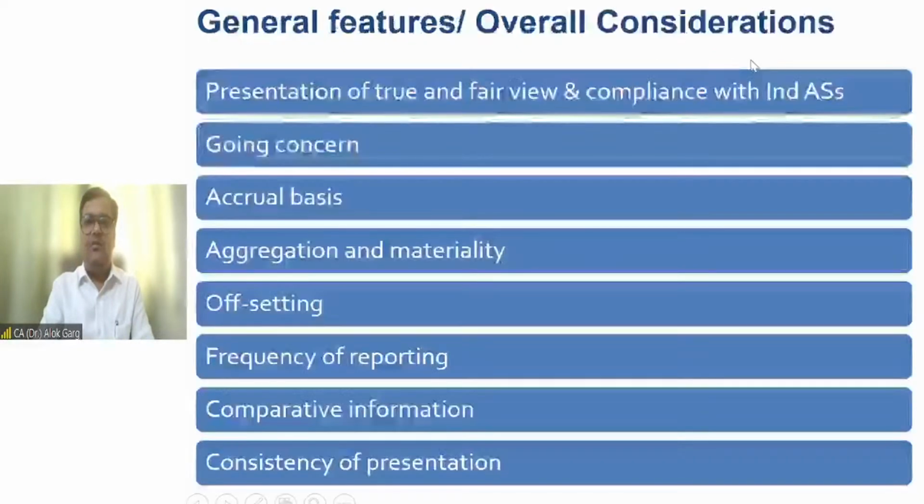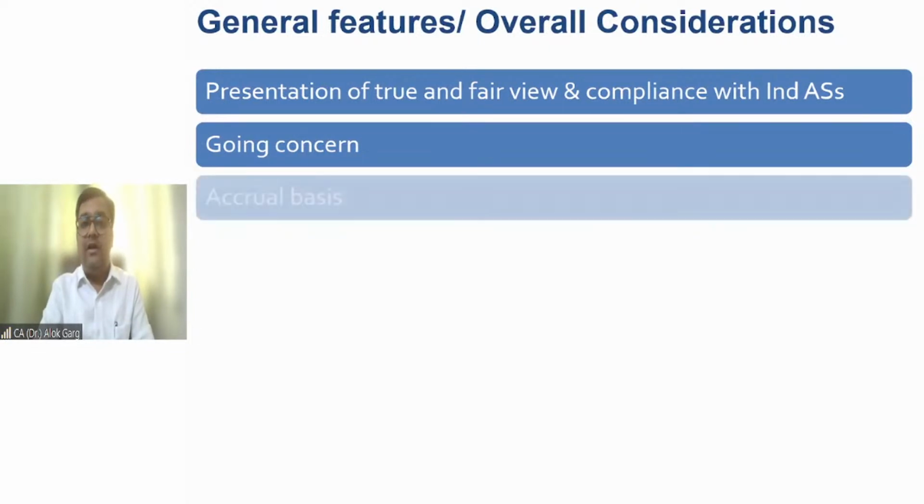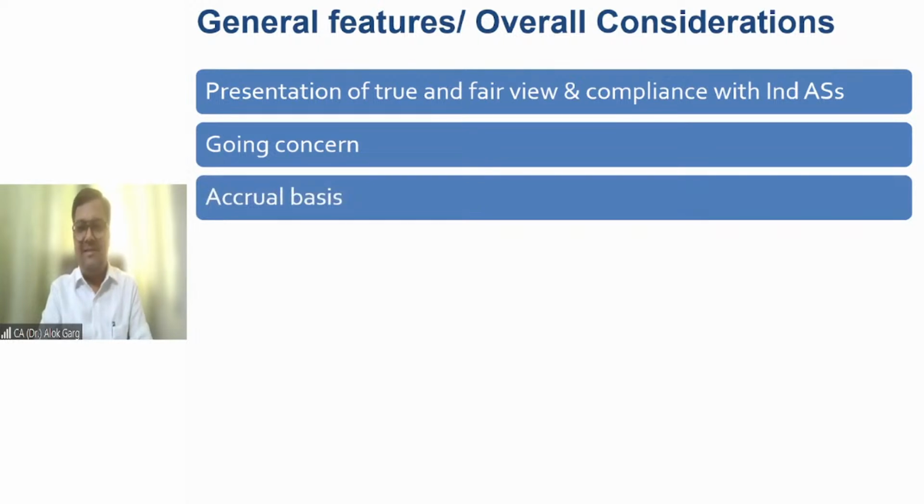So we discussed the two features, friends: presentation of true and fair view and going concern. The third one is accrual basis. Very simple. Do I need to discuss this accrual basis? All the components of the financial statements except the cash flow statement need to be prepared on an accrual basis.